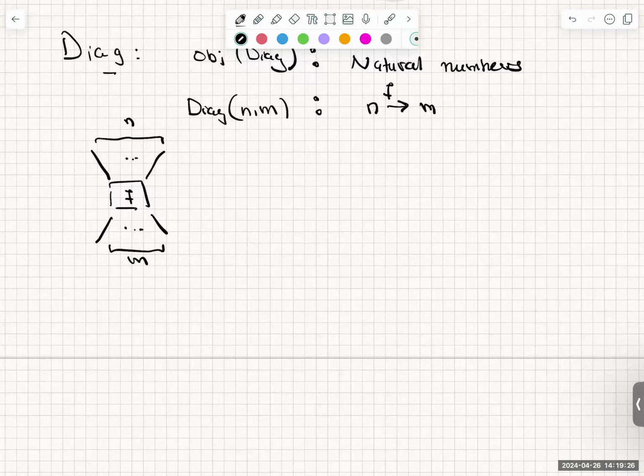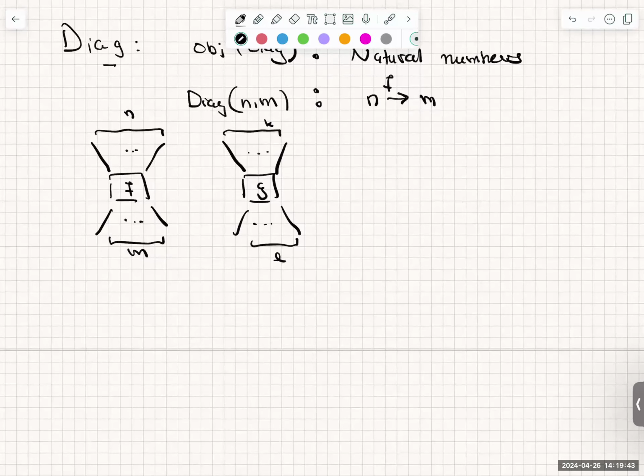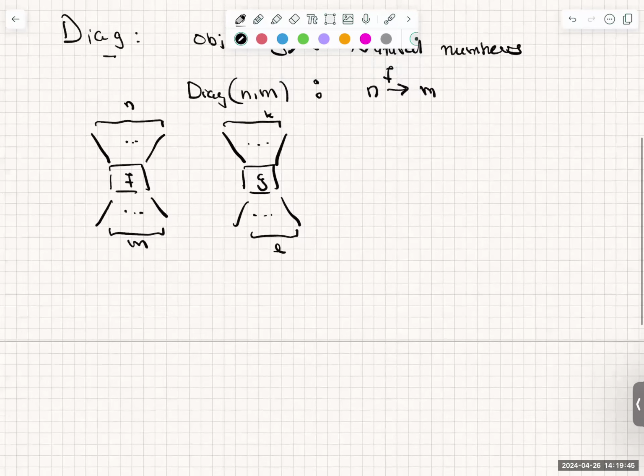And then suppose that we had another arrow, generically from K to L. Then we can actually compose these in two different ways. One of these ways is that we compose them vertically.